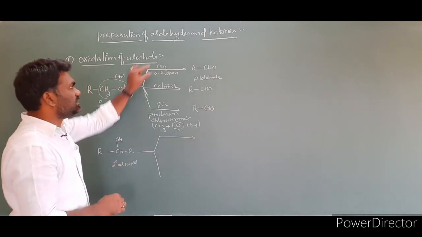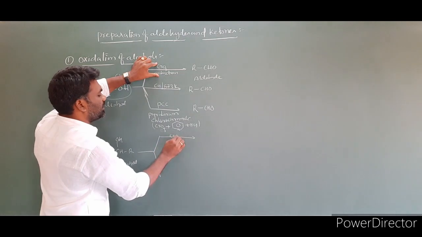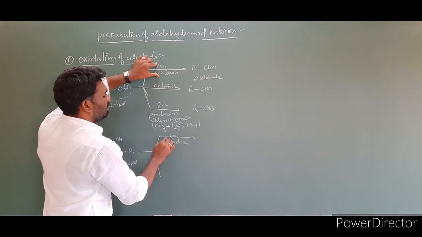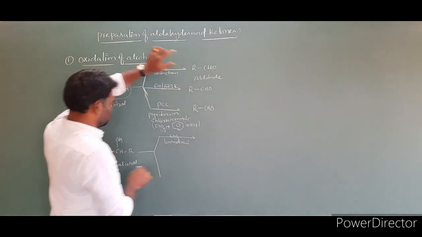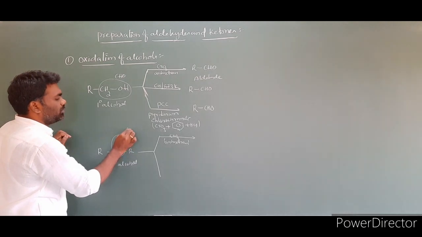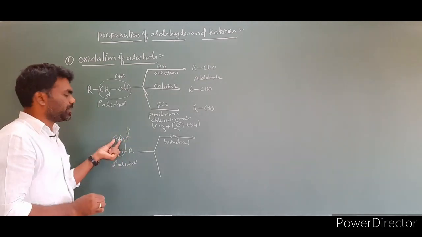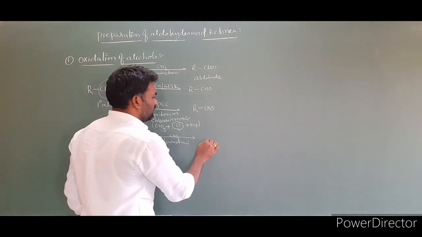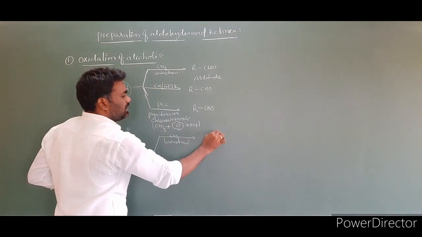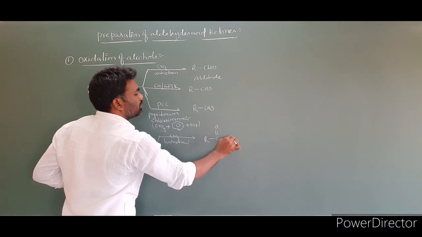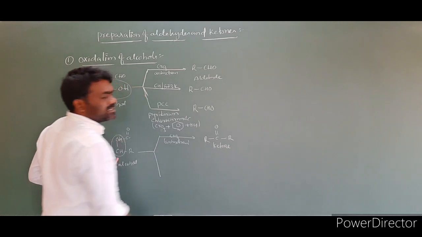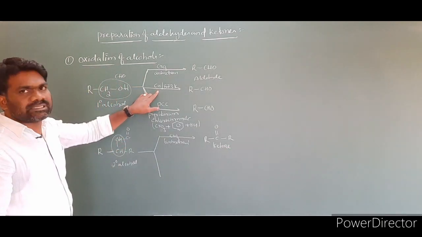With anhydrous CrO3, the CHOH group is converted into a C double bond O group. The product is R C double bond O R, a ketone.